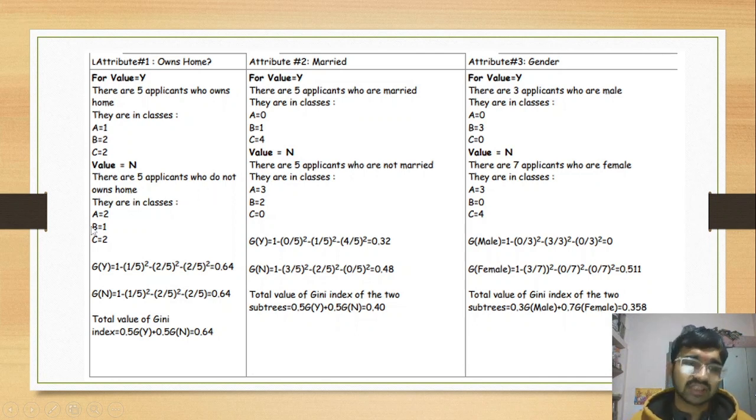They are in classes A equals 2, B equals 1, and C equals 2. We will calculate the Gini index of y and n separately, and then the total Gini index, as we did in our entropy method, and we got 0.64. Similarly we will calculate for married and gender, that we got 0.40 and 0.358.